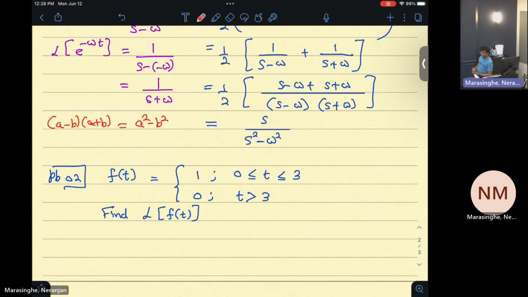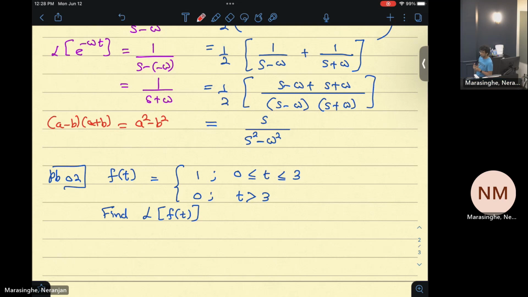Now you have to apply the definition. First, try to sketch this function. The value of this function is 1 if t is in between 0 to 3, and the function value is 0 if t is greater than 3.